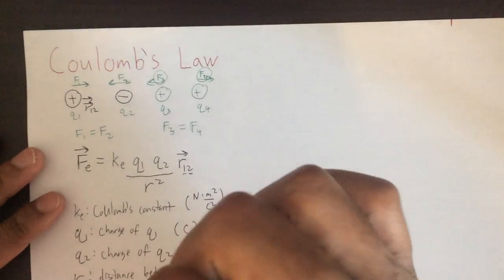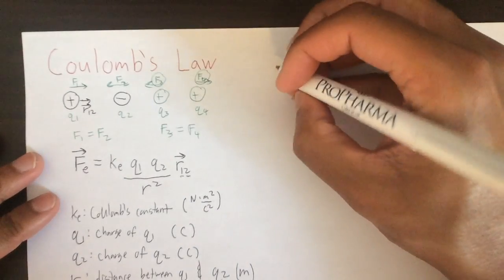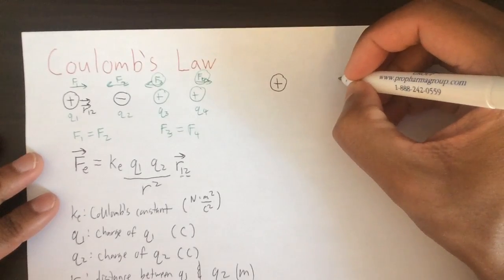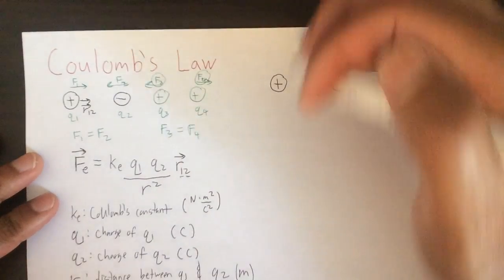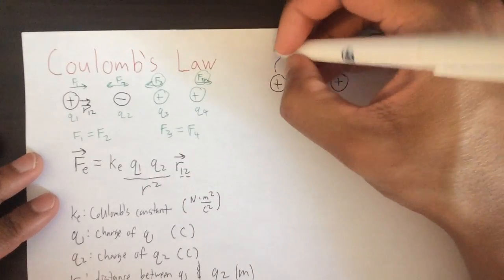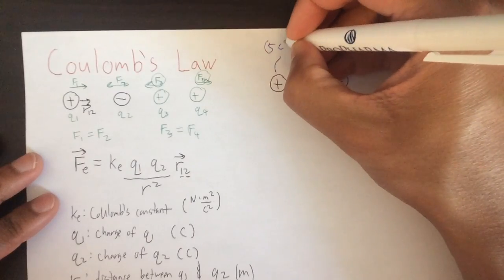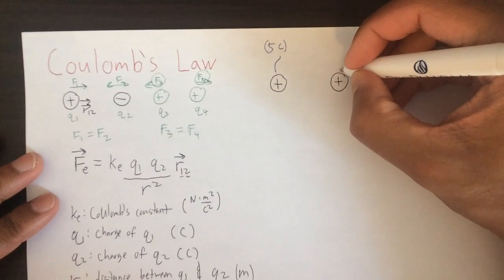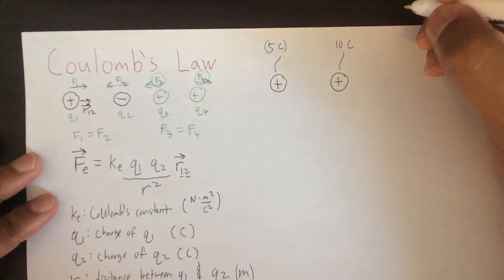So let's dive in and get into an example. So let's say we have a positive charge here, another positive charge here, and let's say this charge is 5 coulombs, and this charge here is 10 coulombs.